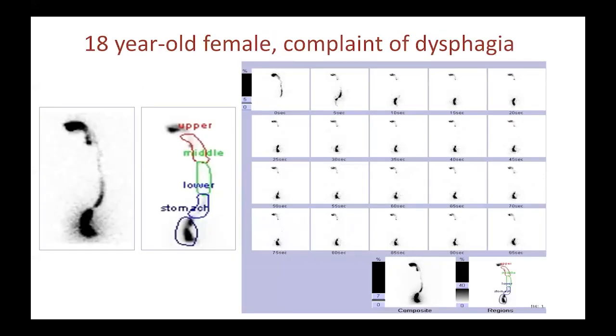Here's an example of an 18-year-old female who was complaining of dysphagia. We provided a single swallow of liquid, and you can see rapid transit of that bolus swallow through the esophagus to the stomach. And here on the left side is a composite image of the mouth, pharynx, esophagus, and stomach, demonstrating the regions of interest of the upper, middle, lower esophagus and stomach.